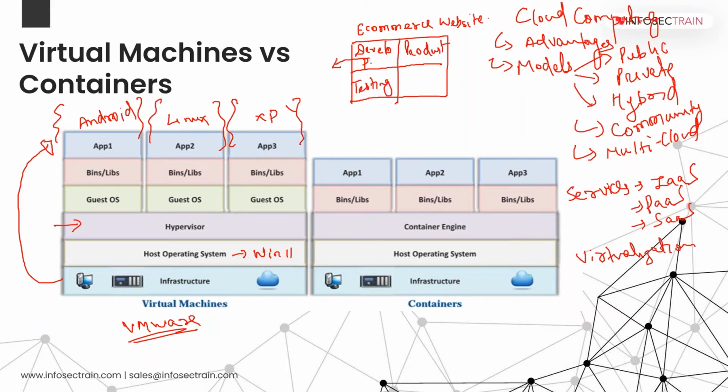Let's say I gave a task to the developer department that they want to create a particular service, a particular application for my e-commerce website. The developers of my organization need to create this application.